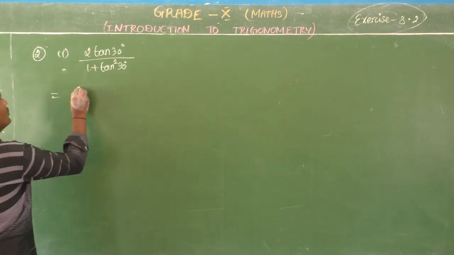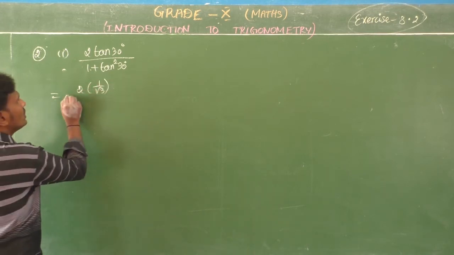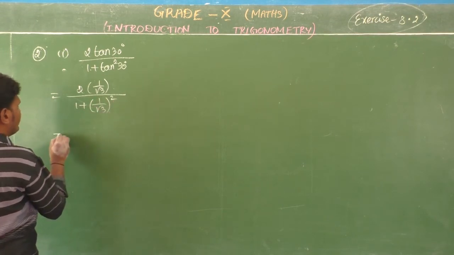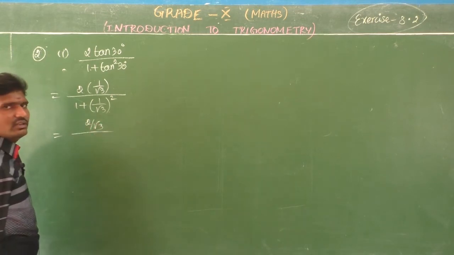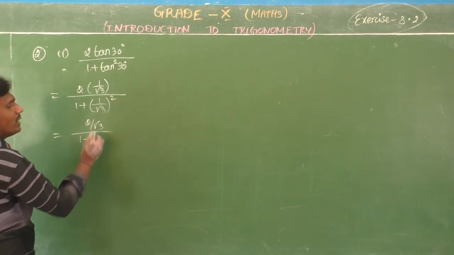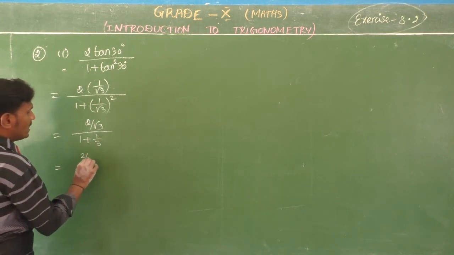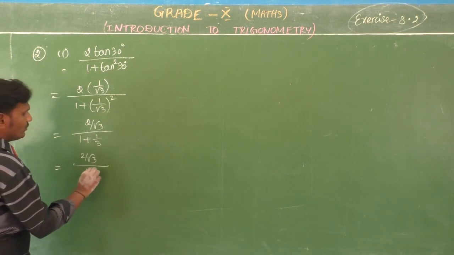Now 2 into 1 by root 3, the whole divided by 1 plus (1 by root 3) the whole square. So 2 into 1 by root 3 will come 2 by root 3. Now 1 plus 1 by root 3 the whole square means 1 by 3 coming. Now 2 by root 3 whole divided by, 3 ones are 3, so 3 plus 1, 4 by 3.